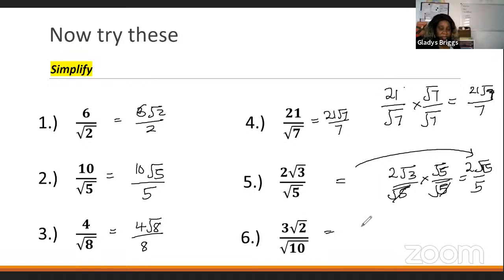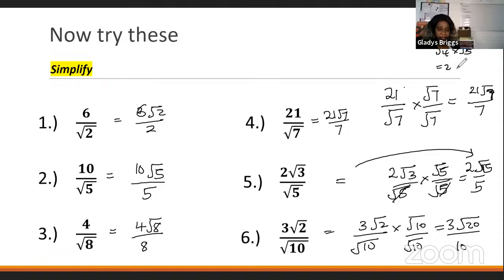And this one is 3 times root 2 over 10 times root 10 over root 10. This is equal to 10. And we can write this as 3 times root 20, which root 20 can simplify to root 4 times root 5, which is equal to 2 root 5.